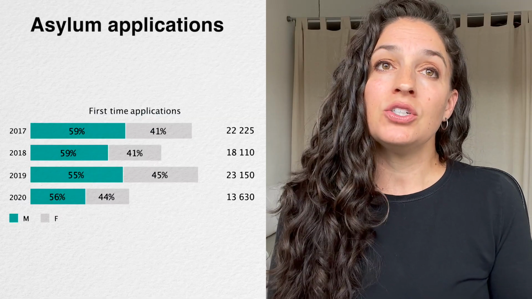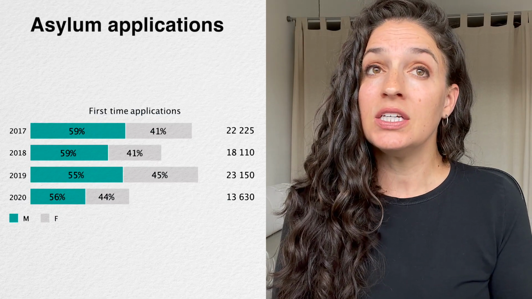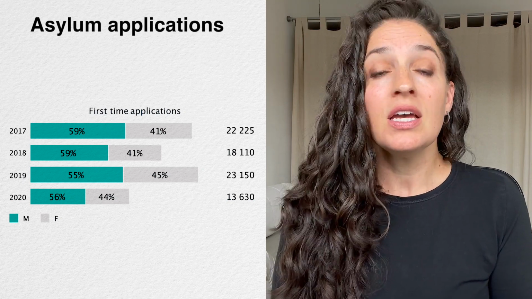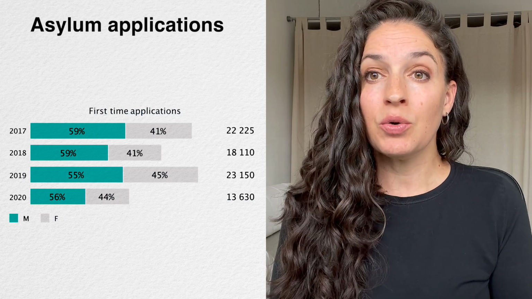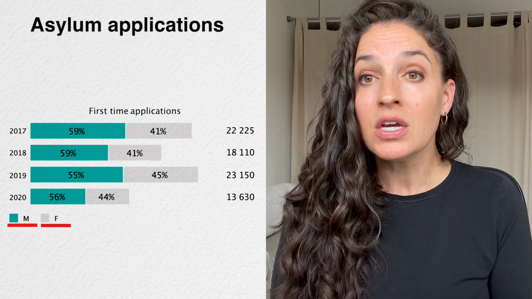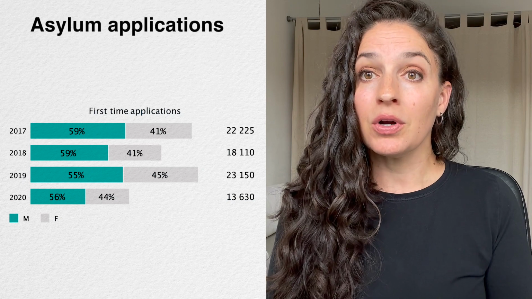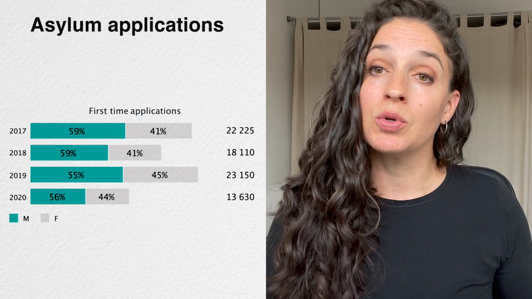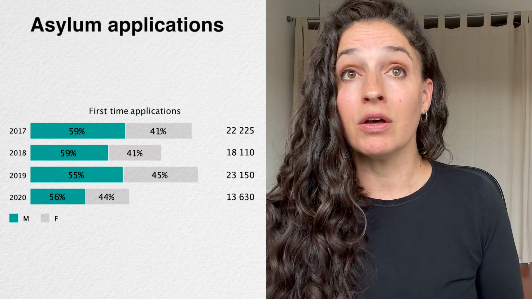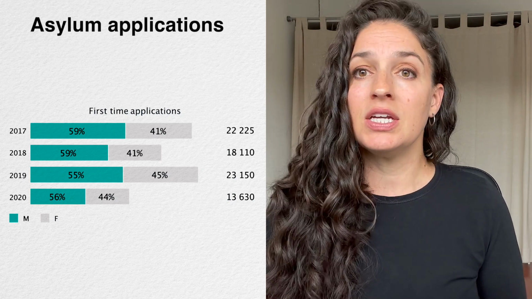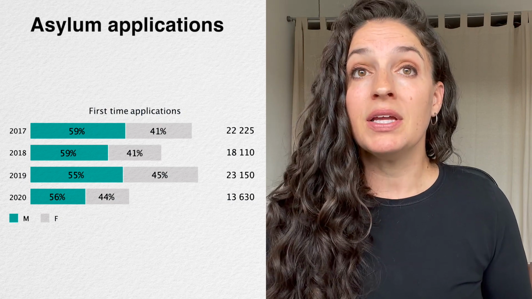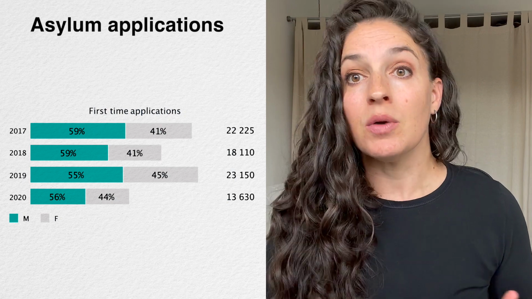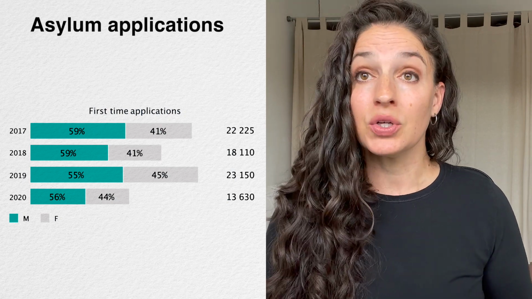Now, between 2017 and 2020, you can see here the number of first-time applications, and you can see that while there are still more males than females, we do see a larger number of female applicants compared to perhaps other countries where we see a larger number of male first-time applicants. You can also see that the numbers in 2020 were a bit less than the years preceding them. This probably also has to do a bit more with the situation around COVID.